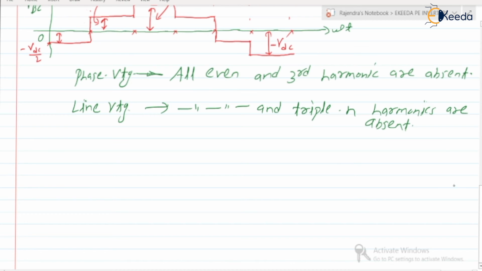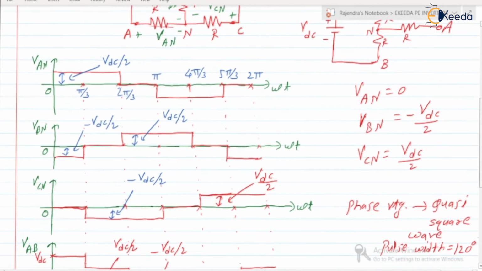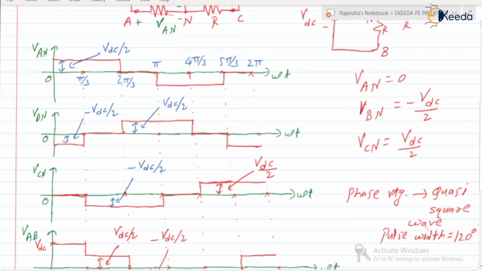Next, can we derive the expression for the RMS value of the phase voltage? RMS voltage per phase is equal to, we can write for any waveform, either VAN or VBN or VCN. If you check for VAN, whatever the waveform we are having from 0 to pi, exactly opposite is for pi to 2 pi.